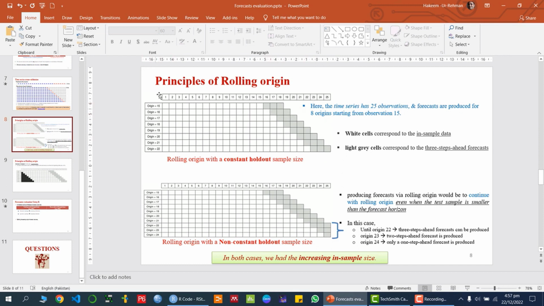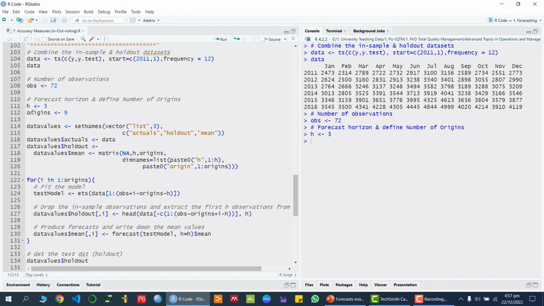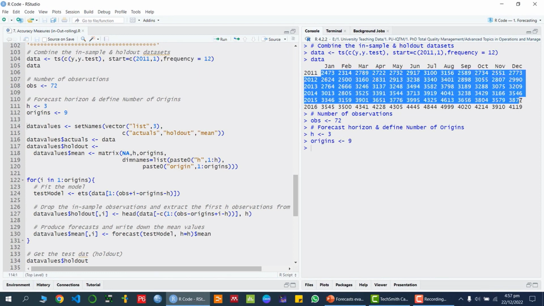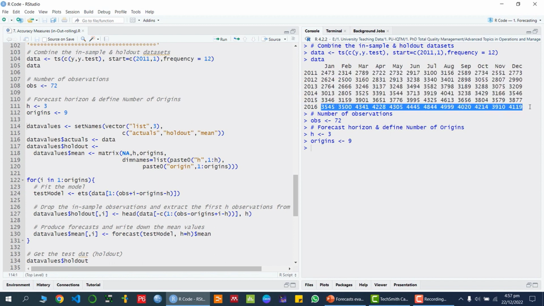So how many origins have we selected? We selected 8, but over here I am setting the origins to 9, because of the actual data set we have, this was the training data set. What I am using is from January 2011 to January 2016 as the training data set, and then testing is going to start from here.